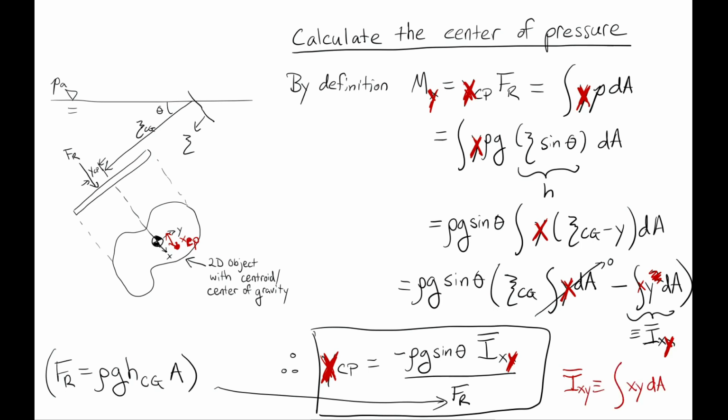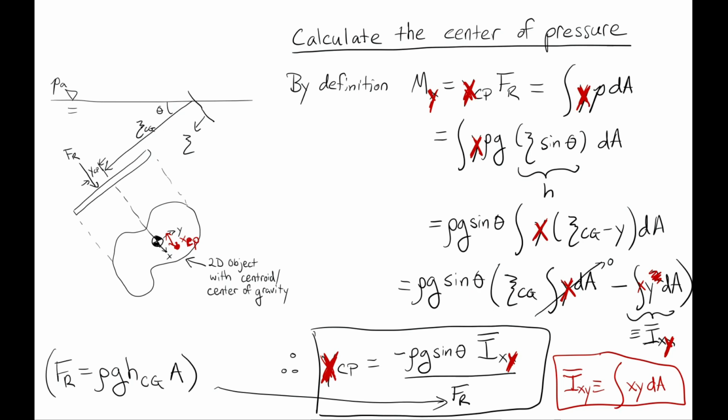And in the end, what you end up finding out is that that final integral that existed, instead of being the moment of inertia with respect to the y-axis, you find out that it's like a combined moment of inertia that has both the x and the y in the integral. And so, that's another quantity that you can look up for any given geometry.